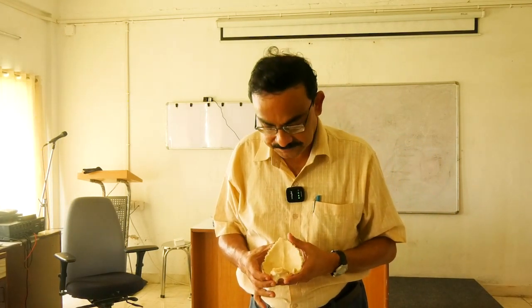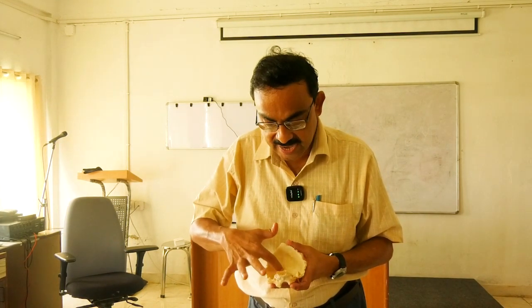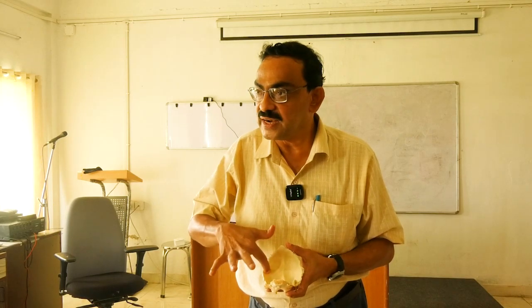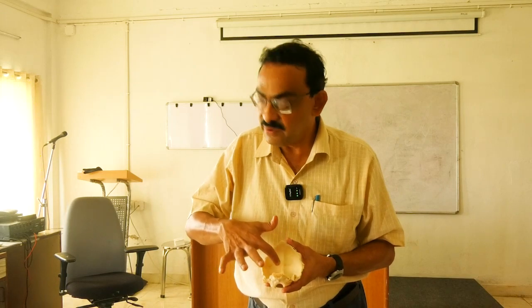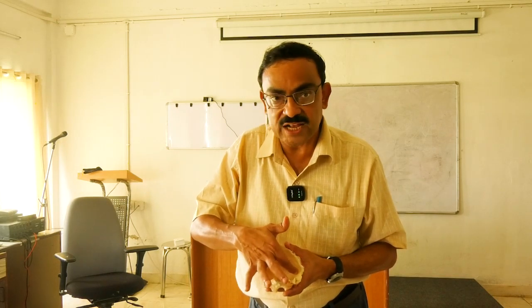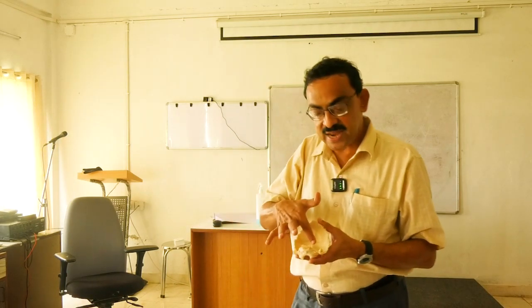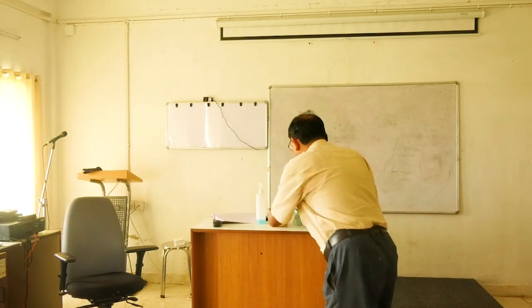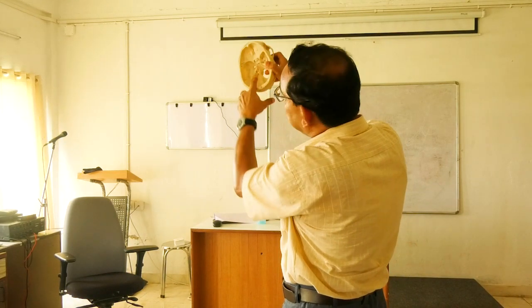We also find the transverse sinus, on the right side and also on the left side, within the sulcus for the transverse sinus. Then the sigmoid sinus, and this is the jugular foramen, and the veins come out.